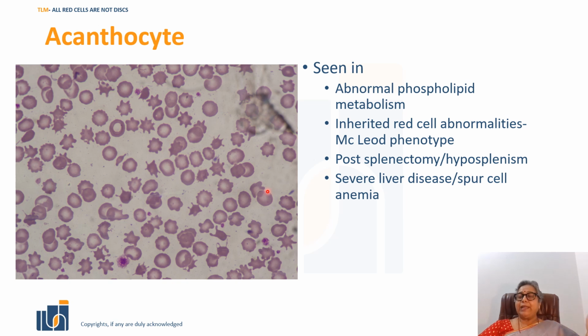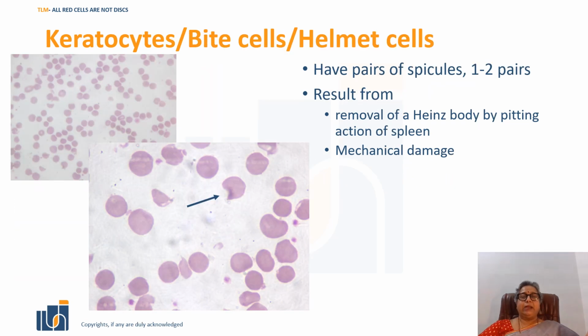But unless this is greater than 10% of the total red cells, it does not become clinically significant. Next, we move on to keratocytes. They have 1 to 2 pairs of spicules and result from removal of a Heinz body by the pitting action of the spleen and by mechanical damage.